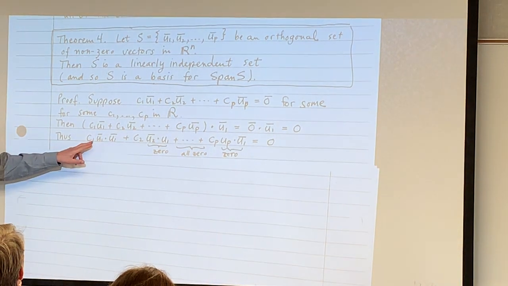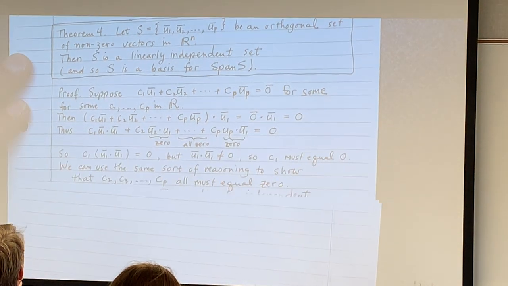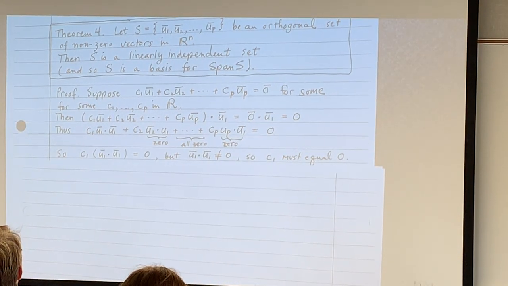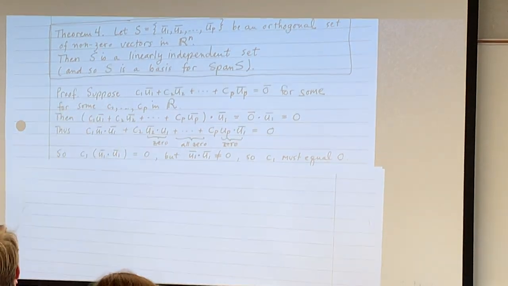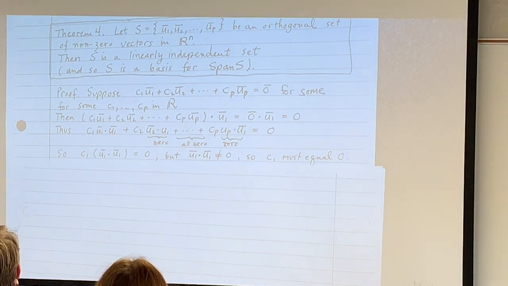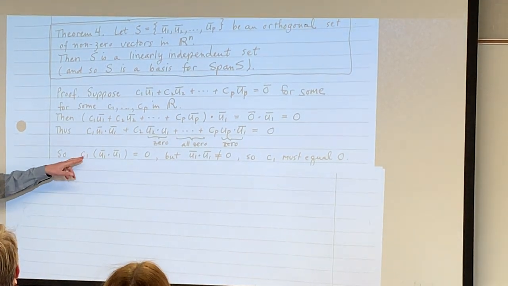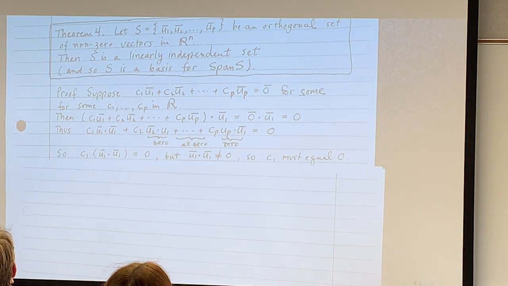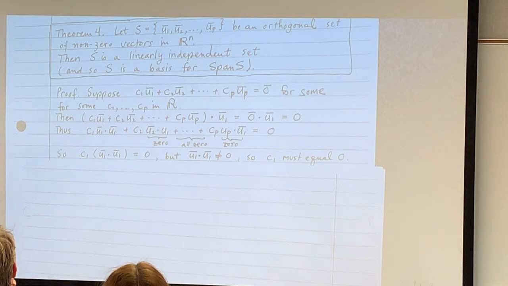So we're left with C1 times U1 dot U1 is 0. But U1 dot U1 can't be 0 because U1 is a non-zero vector. So this is just a product of two real numbers, scalar times scalar. And since the second factor is not 0, C1 has to be 0.